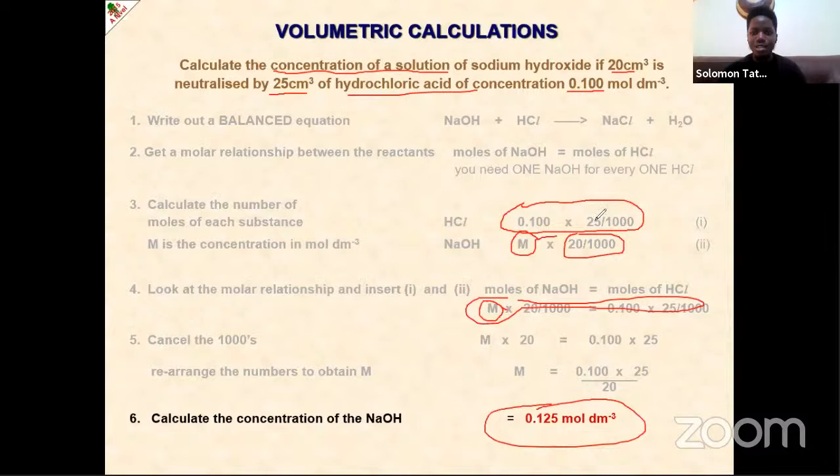We equated the two. Another person would have just said M times this is equal to the answer you get here, then cross multiply by 1,000 on the other side, then divide by 20. You get the same answer. It's just mathematics. Remember, mathematics is key here.